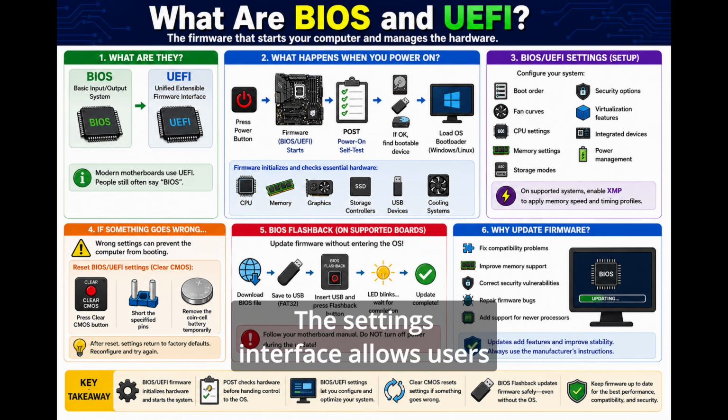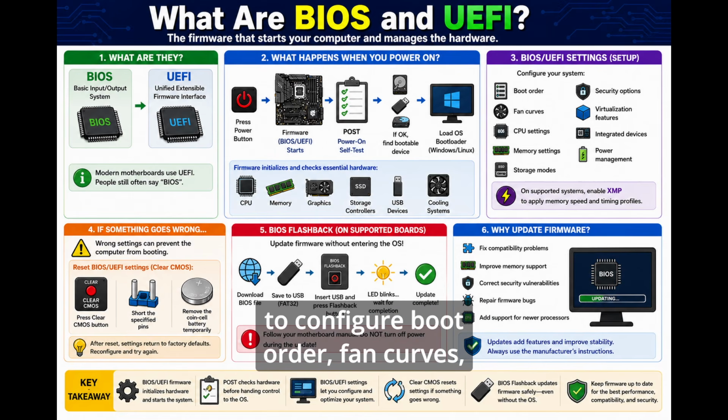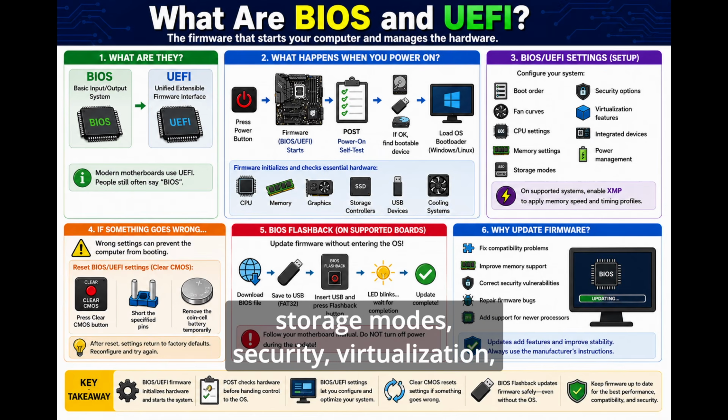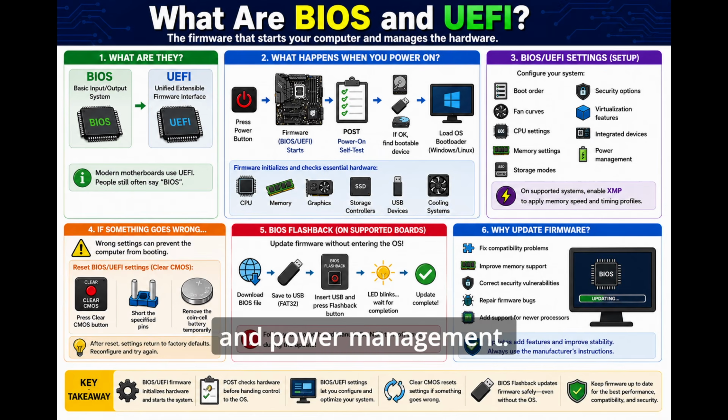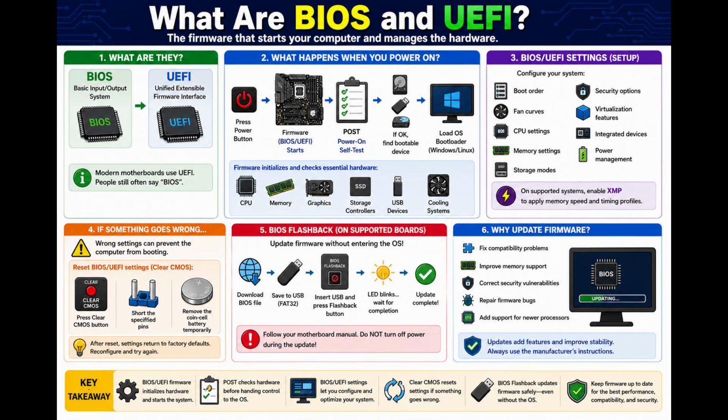The settings interface allows users to configure boot order, fan curves, processor settings, memory settings, storage modes, security, virtualization, integrated devices, and power management. Supported systems may use an XMP memory profile to apply pre-configured memory settings. Incorrect settings can prevent the computer from booting. In that situation, clearing CMOS can restore the default settings.